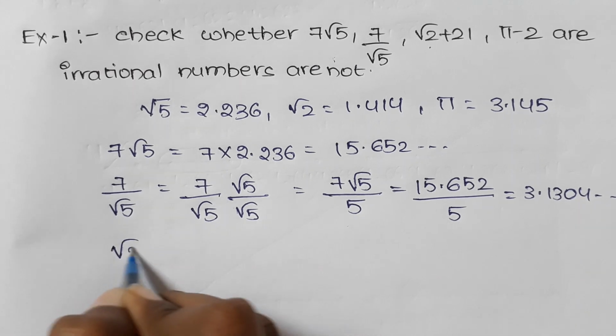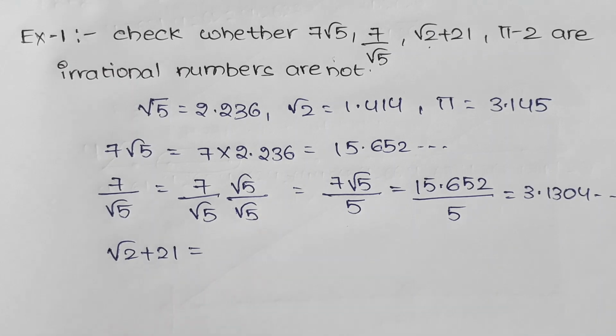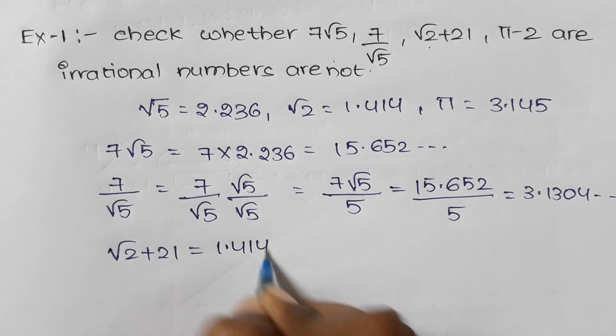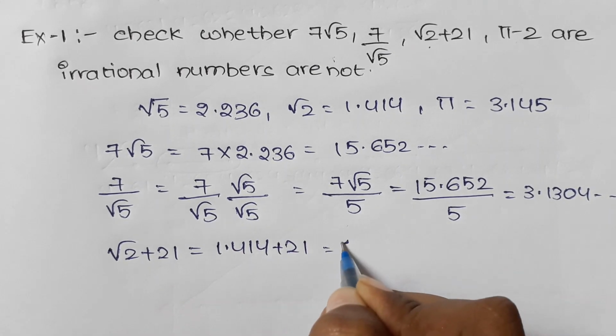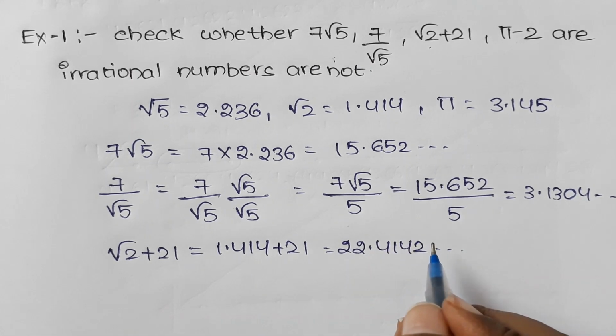Now root 2 plus 21 equals 1.414 plus 21, that is 22.4142.